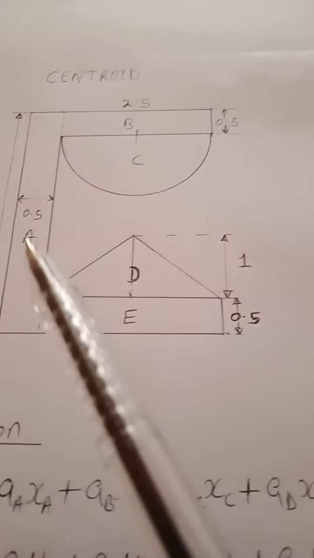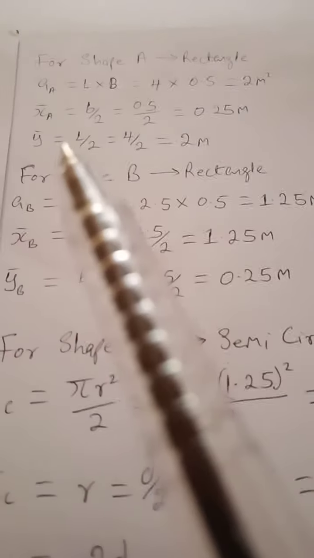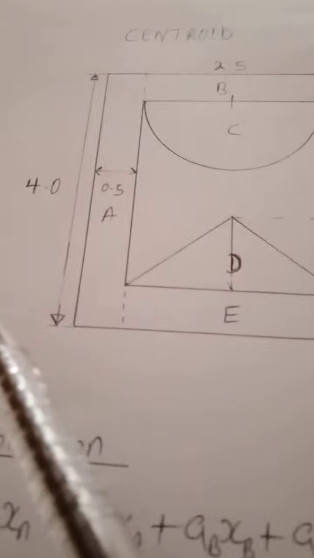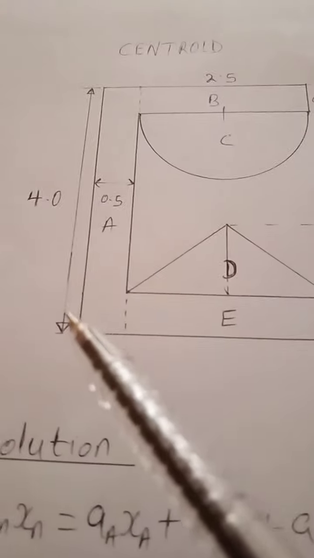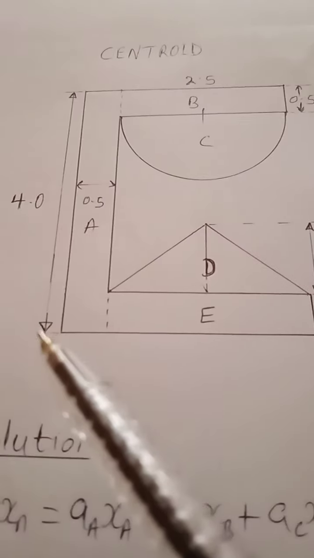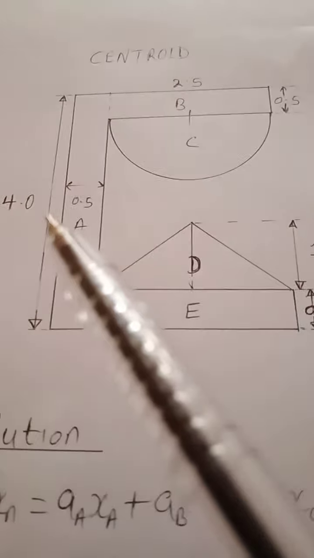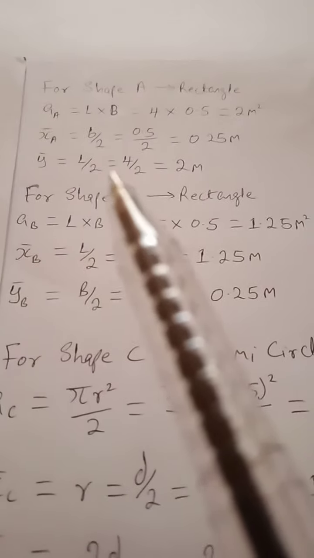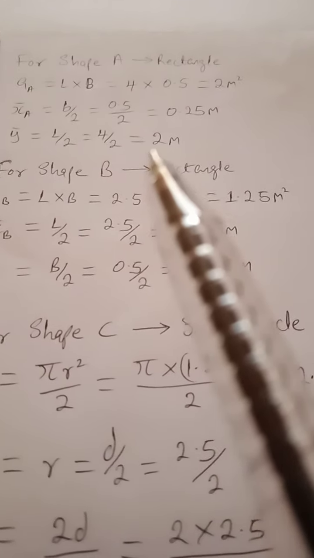So what is the breadth? 0.5. So that is how we have 0.5 divided by 2. Same goes to the y, the y-axis. We are also going to determine the center of this y, and the entire length here is 4. The length is 4, so the center is going to be L divided by 2, which is 4 divided by 2 to get 2 meters.